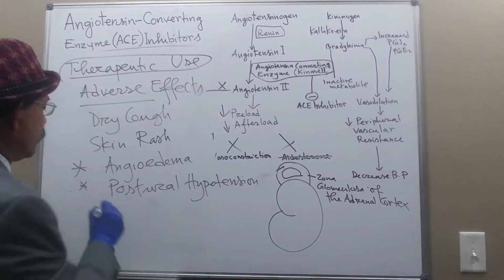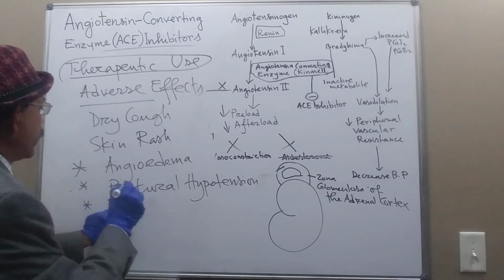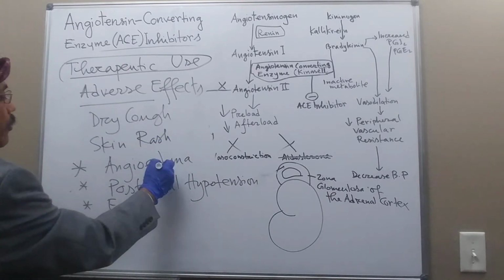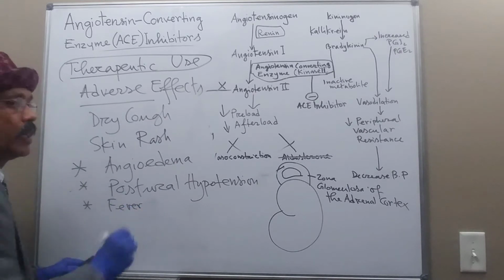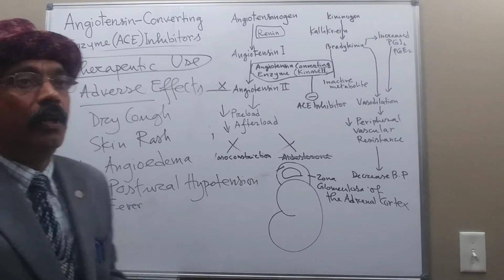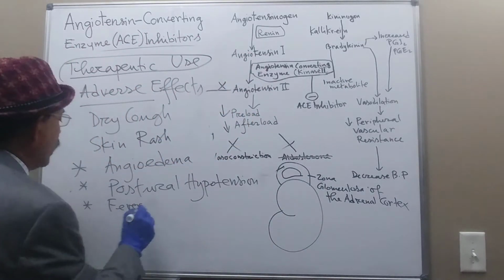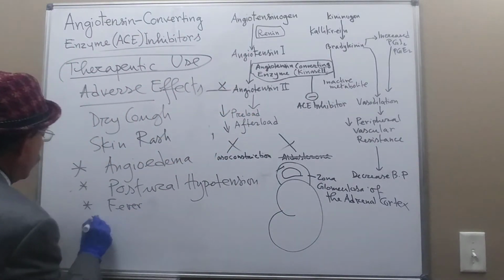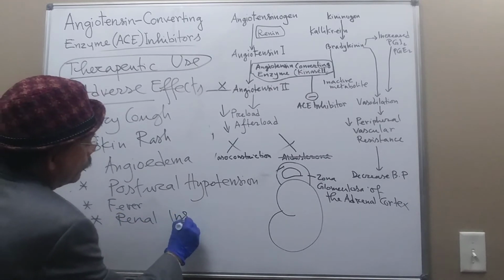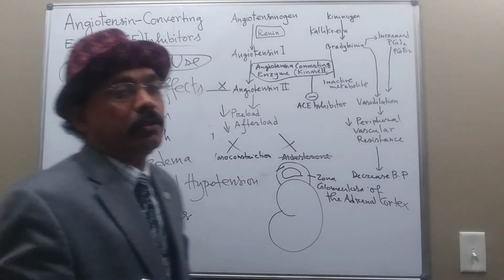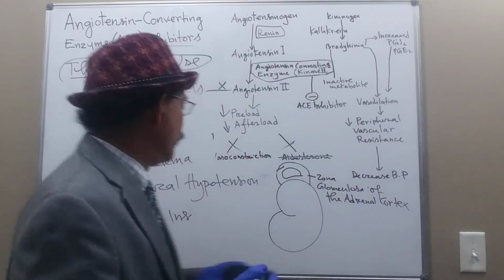There may be fever because of the action of the bradykinin. Angioedema is also the action of the bradykinin. There may be renal insufficiency and hyperkalemia. A person with gross or end-stage renal disease, or chronic renal disease, should not take this medication.